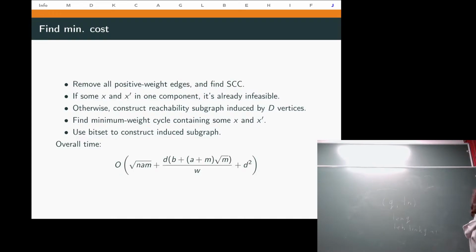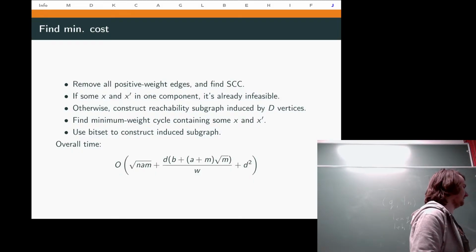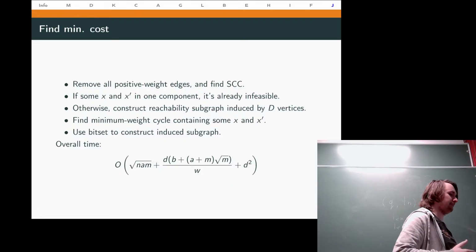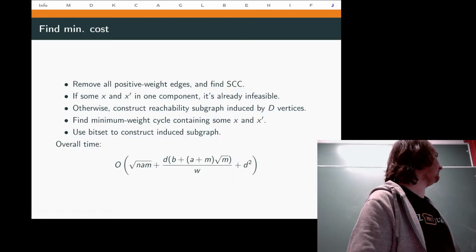The cost of this cycle will correspond to the cost that we need to provide to make the whole implication graph infeasible. If we plug all this back into our complexity estimate, we will get a formula that seems to be reasonable from the runtime point of view for the given constraints, and this will solve problem J. So, any questions about problem J?